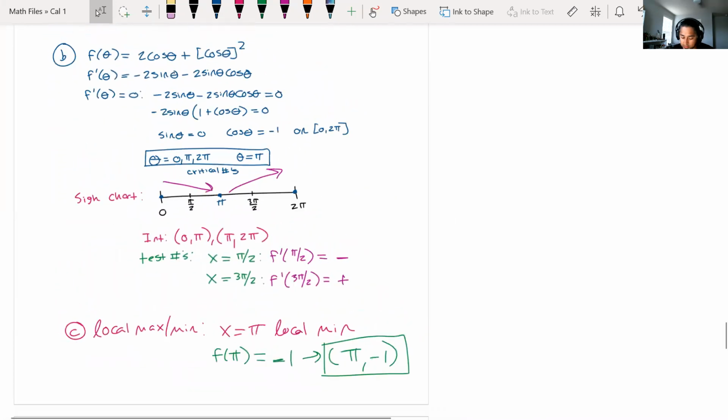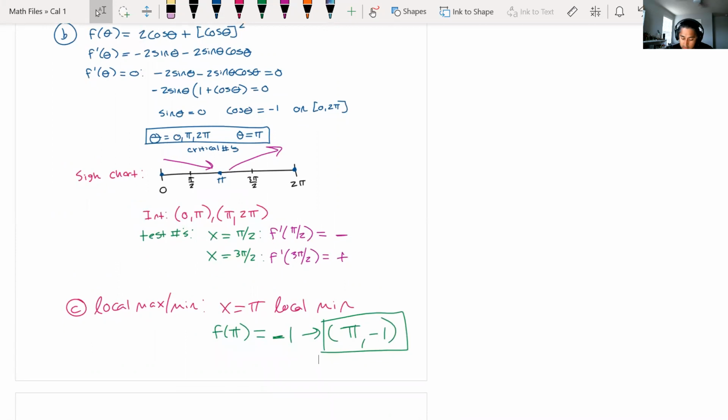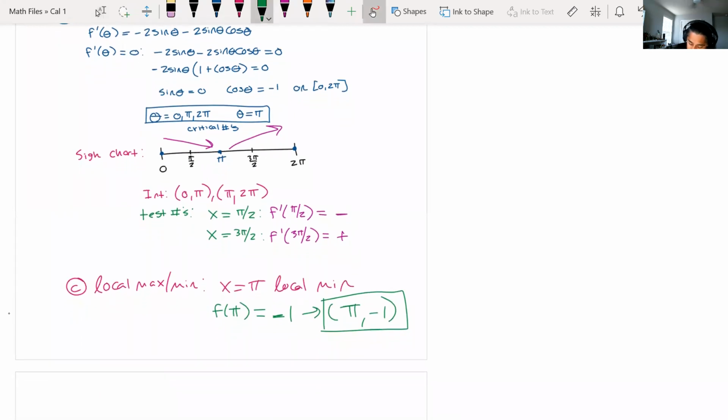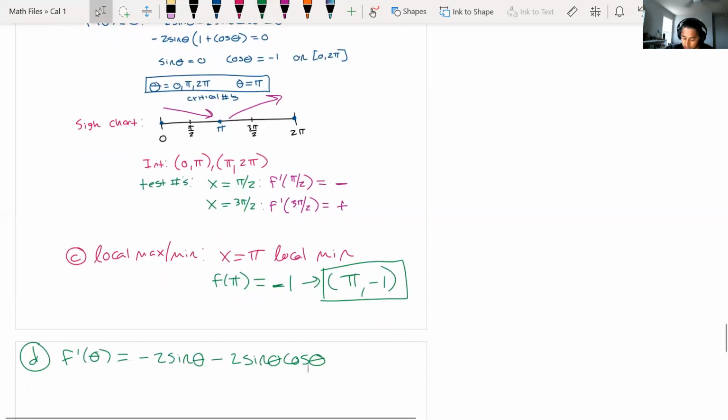Okay, second derivative time. So before I do that, let me rewrite the first derivative down here. So this is for D. F prime of theta is -2 sine theta minus 2 sine theta cosine theta. Okay.